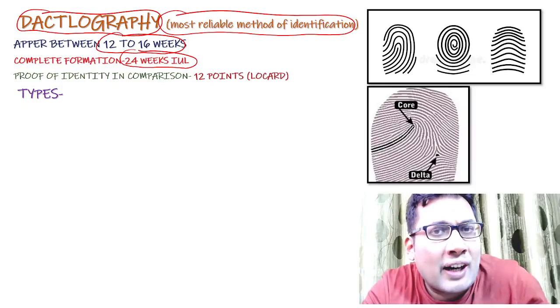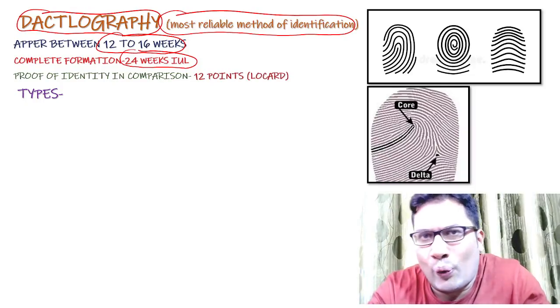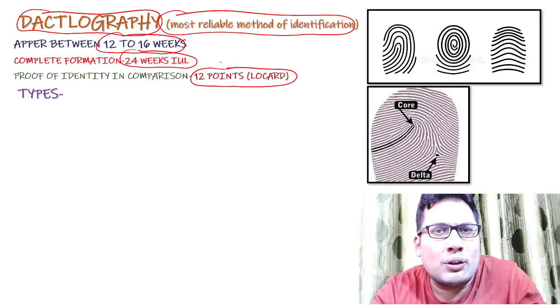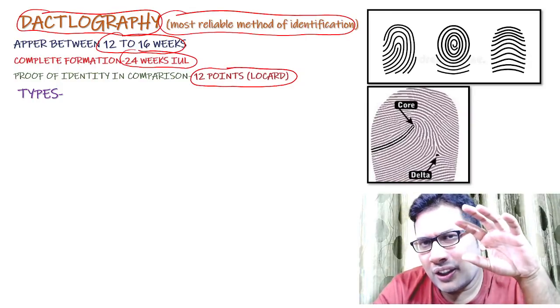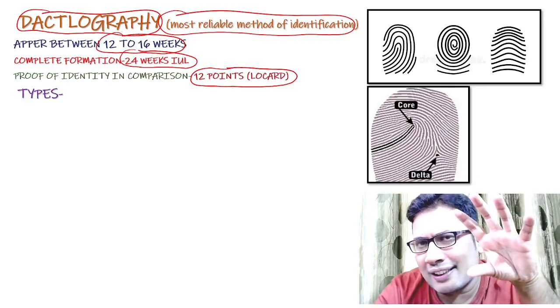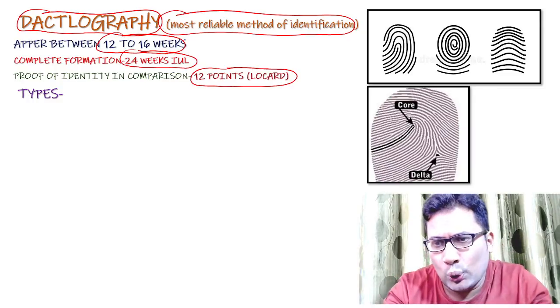The proof of identity in comparison, what are the points required? 12 points are required according to Lockhart. And one more very commonly asked question is types of fingerprints. We discussed many times in our classes. There are 4 types. The first one is the loop.